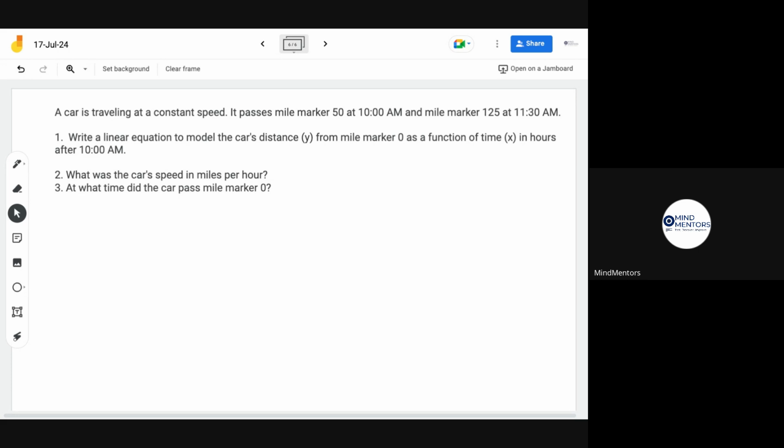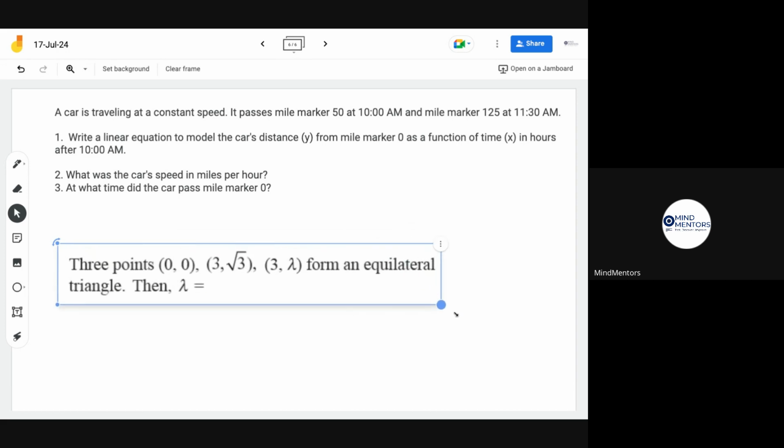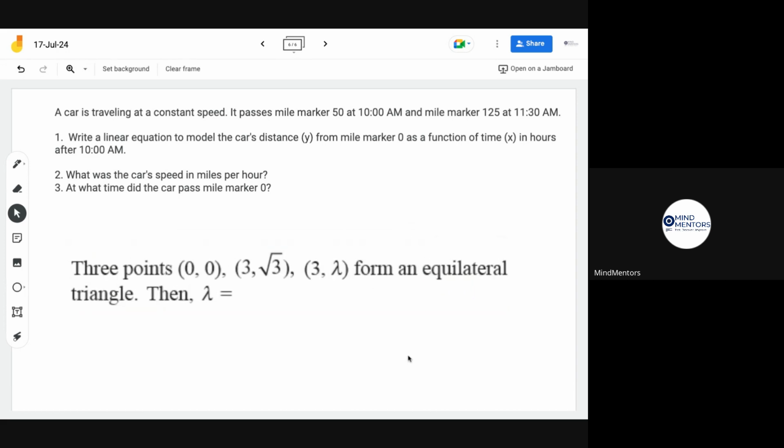So take for example this question. How would you solve this?